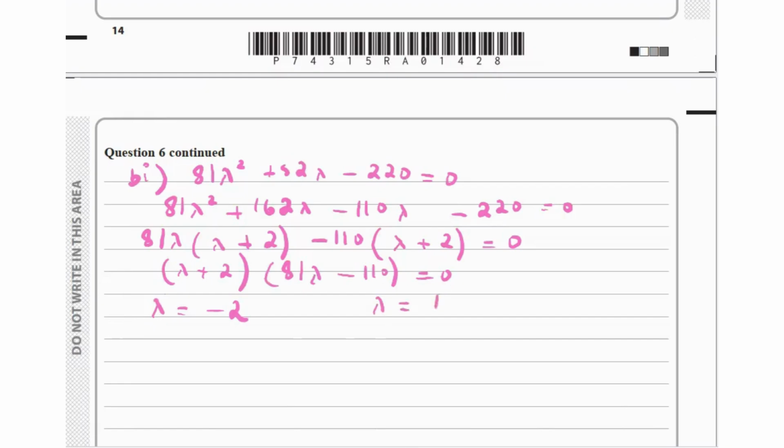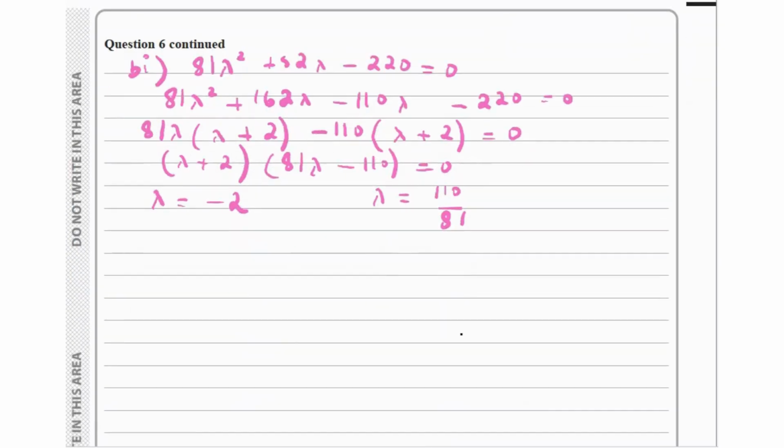110 over 81. So to find the position vector mentioned in the question, we're going to put lambda equals -2 in the R vector. So 1 plus 8 times -2, 2 minus -2, 5 plus 4 times -2.